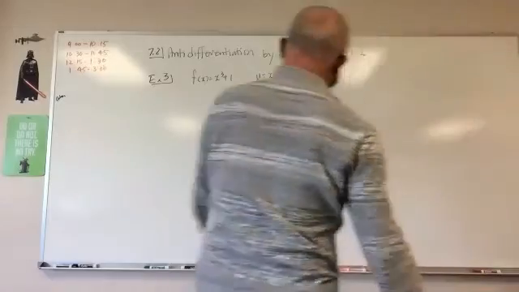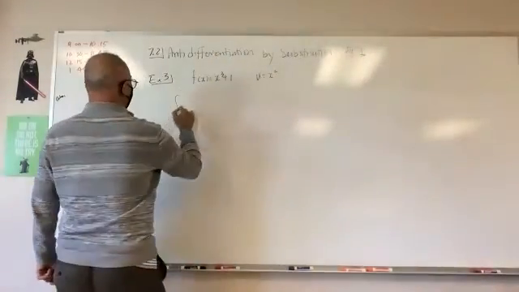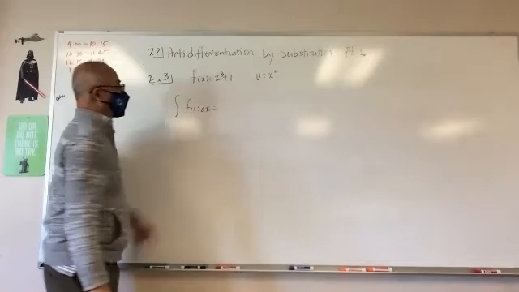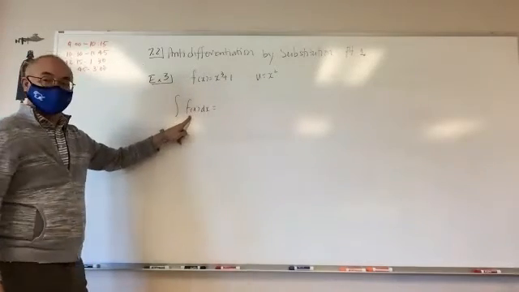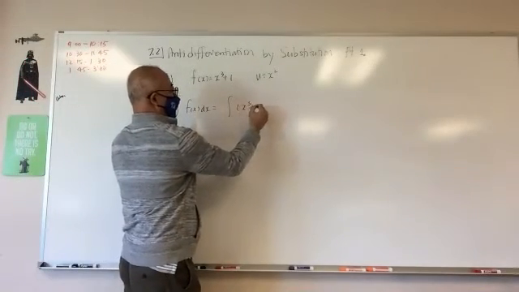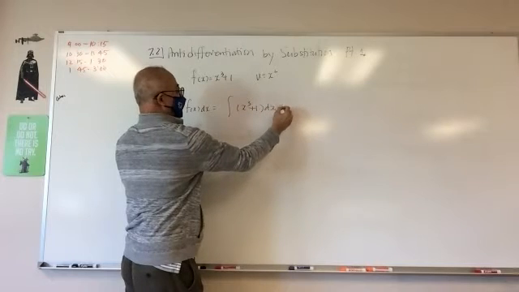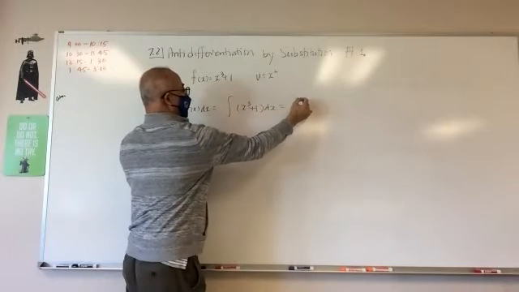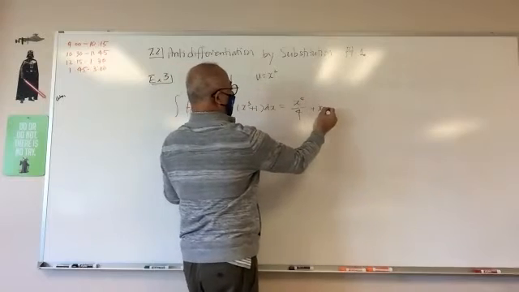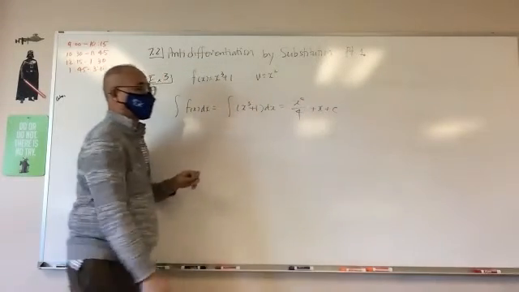So they first want me to do the integral of f of x dx. This is simple. I'm just going to put this guy right in here. The integral of x cubed plus 1 dx. So it's going to be x to the 4th over 4 plus x plus c.